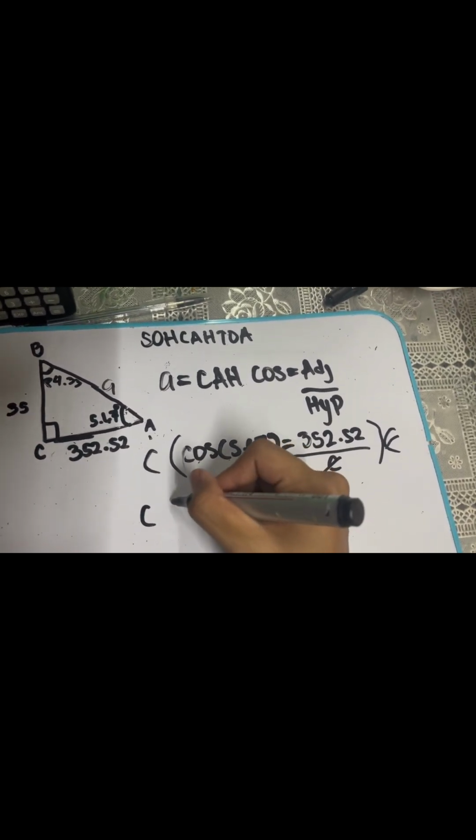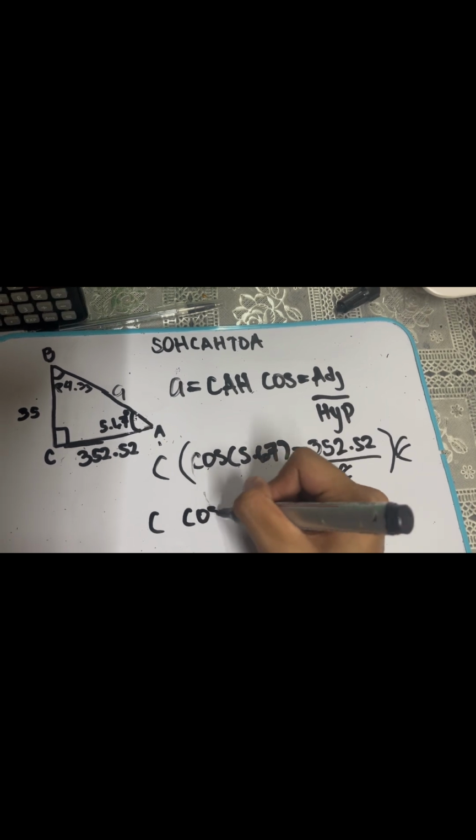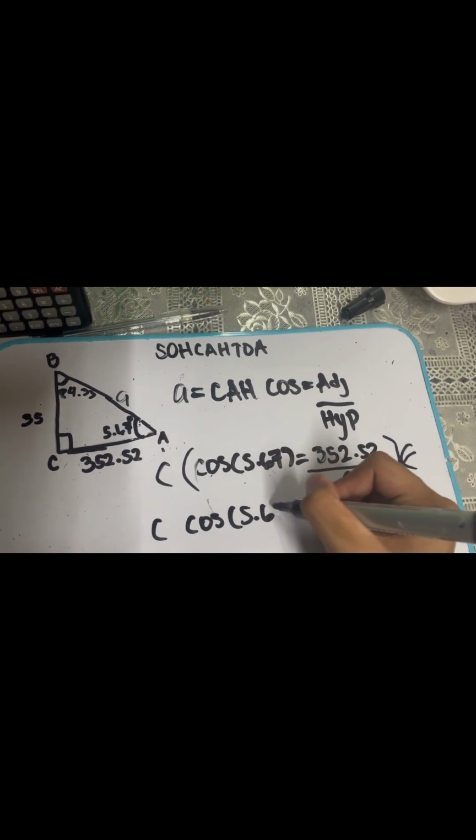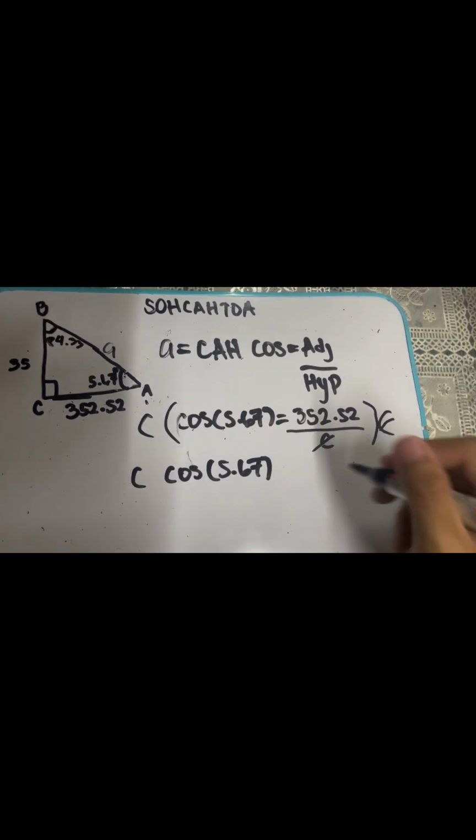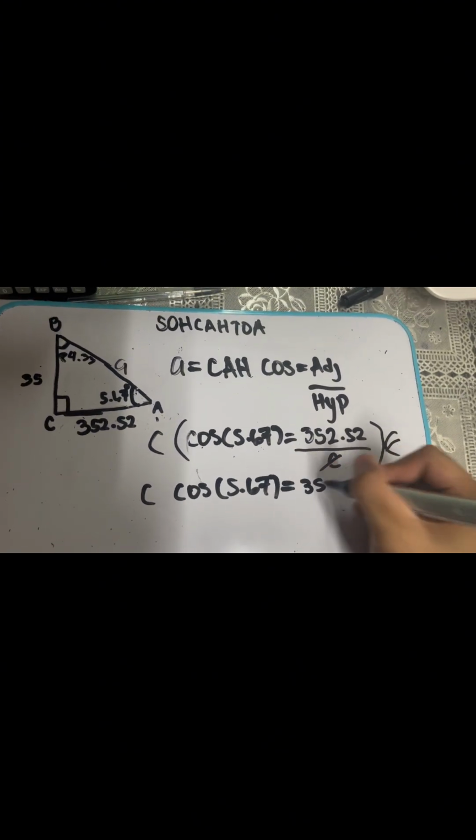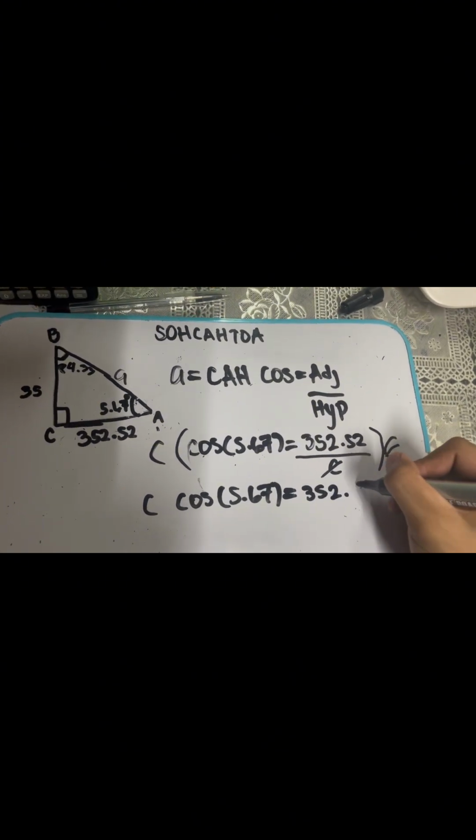And now we have C cosine 5.67 is equal to 352.52.